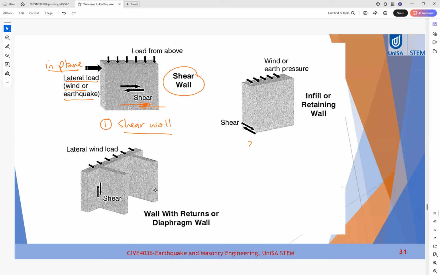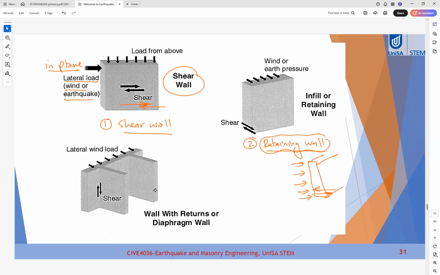The other option, not a shear wall, is a retaining wall. For example, if you have a retaining wall like that, you have earth pressure or water pressure from this direction, so the shear in this direction will be in the shorter direction, and this one is a retaining wall.